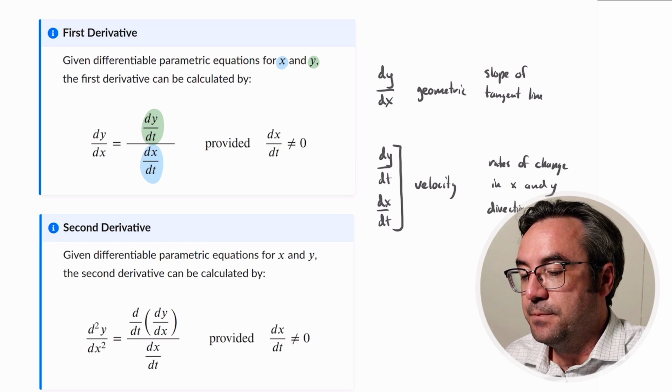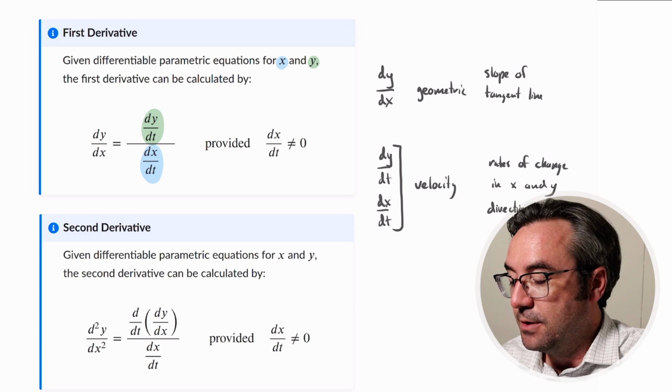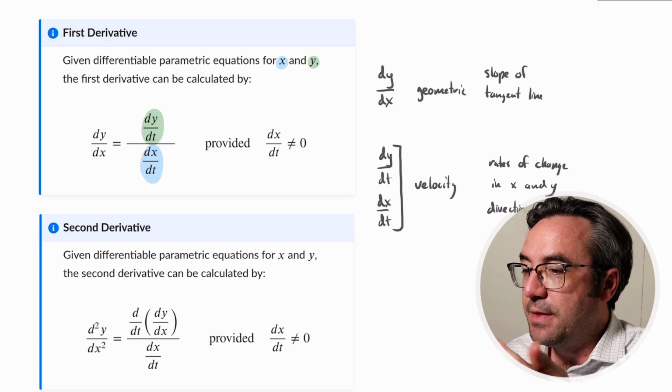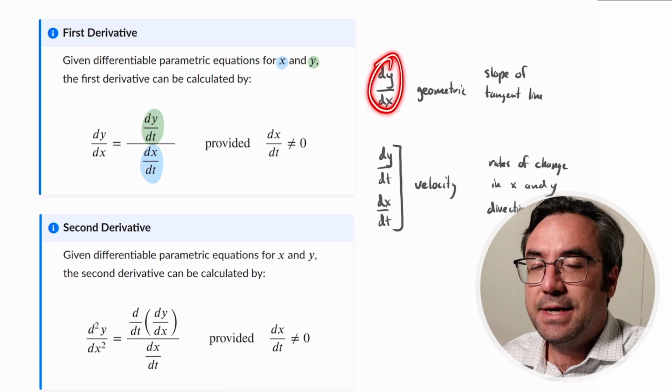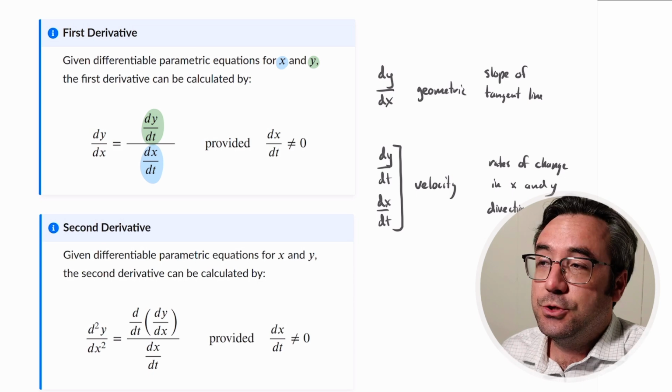So we're using how fast our particle is moving in the y direction, dividing that by how fast it is moving in the x direction, and doing that gives us this more geometric derivative, dy/dx, which tells us the slope of the tangent line to our curve.